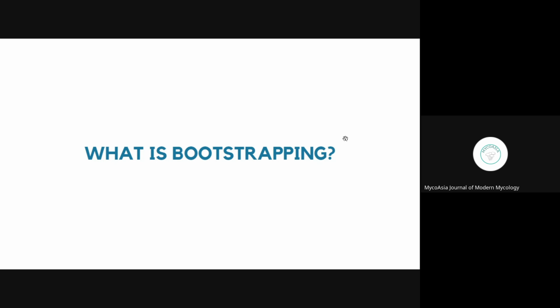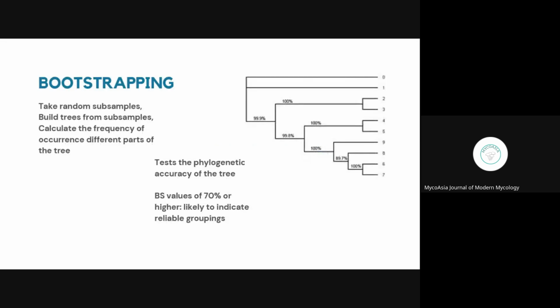Okay. Then once you have trees, you need to get the statistical support. How do you know which branch has good support? So what we do is bootstrapping actually. It is a very simple thing. A program does it automatically if you give the instruction to it.